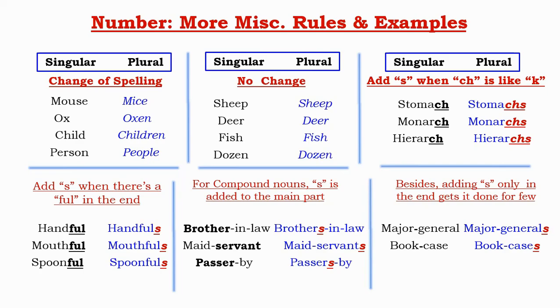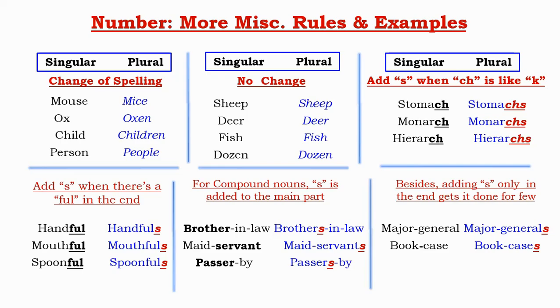Nothing is changed, such as sheep remains sheep, deer remains deer, dozen remains dozen, fish remains fish, etc. It is important to tell you here that fish becomes fishes only when there are various types of fishes.